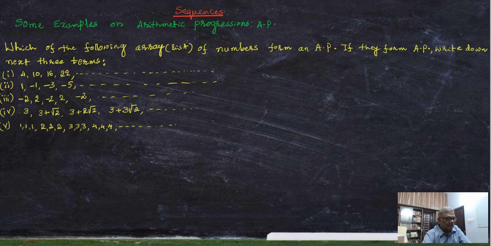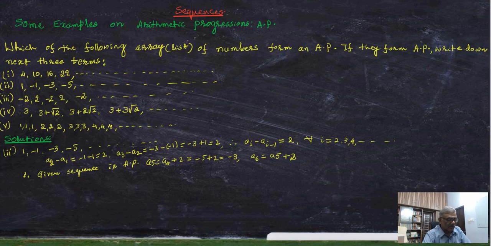Now, we can see the solution. Consider 1, minus 1, minus 3, minus 5. A2 minus A1 is minus 1 minus 1, that is minus 2. And A3 minus A2 is minus 3 plus 1, that is again minus 2.